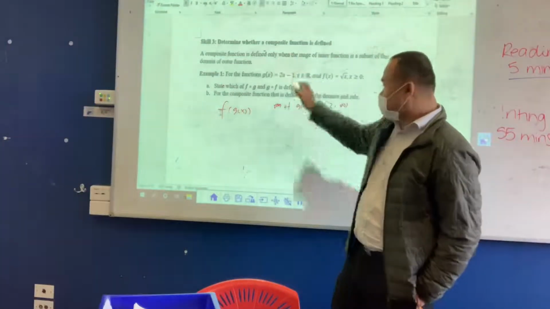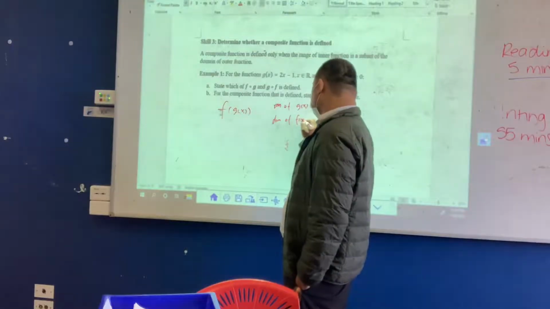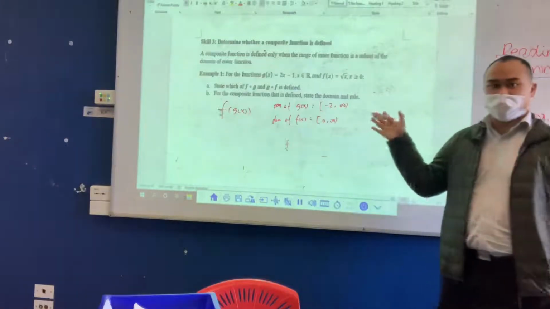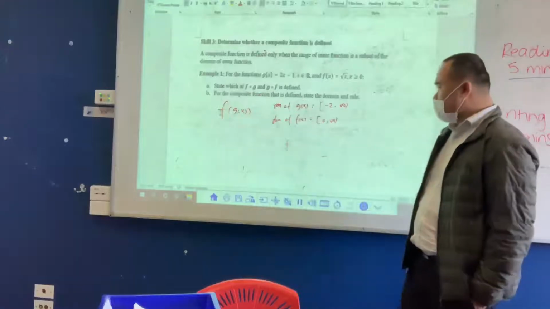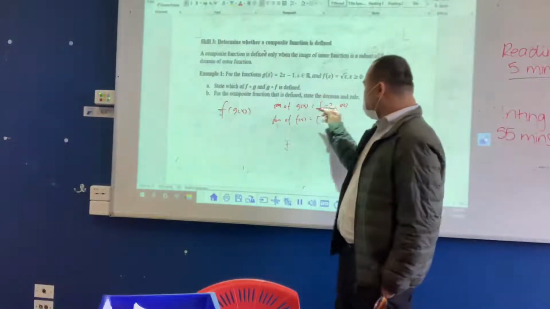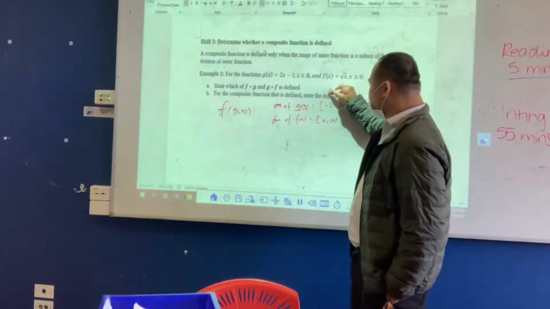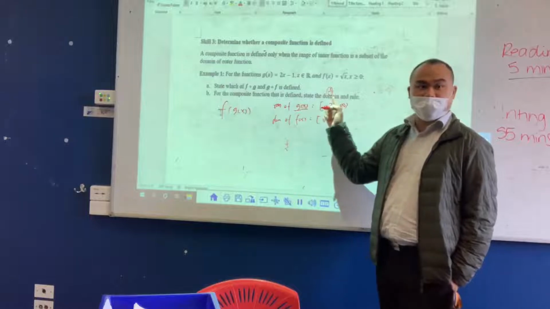And then let's say the domain of f(x) is 0 to infinity. Let's just imagine this is the case. Then g(x) can be -1. Does it make sense? Because -1 is in this range.